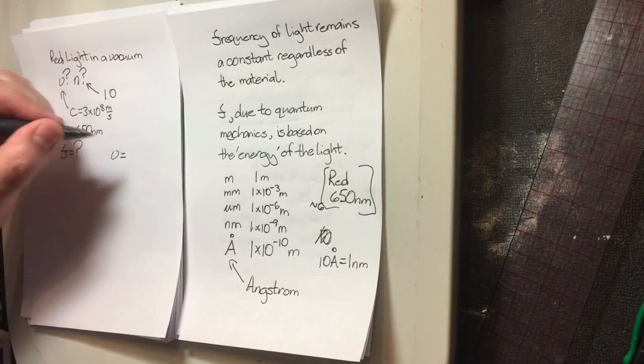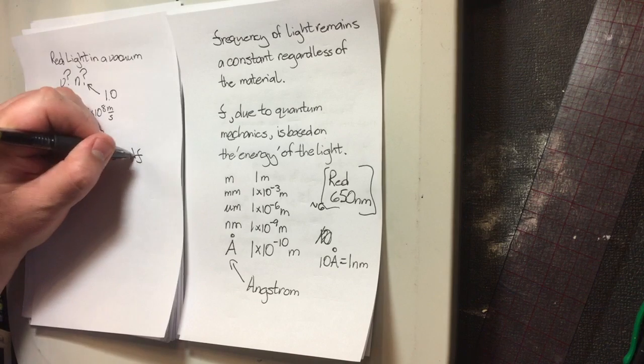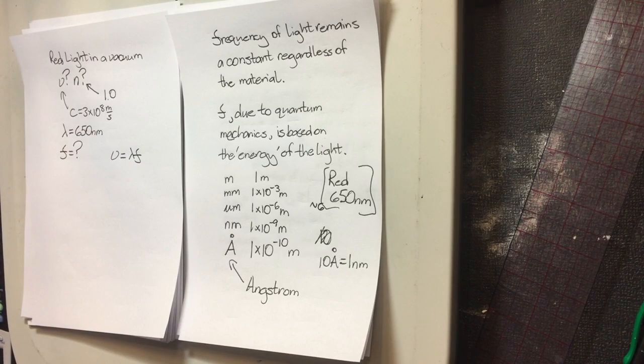Well, what we use is V is equal to lambda f. Now, one of the things you could sit there and wonder, and even I look at this and go, I have no idea: is V equal to lambda f, lambda over f, f over lambda?